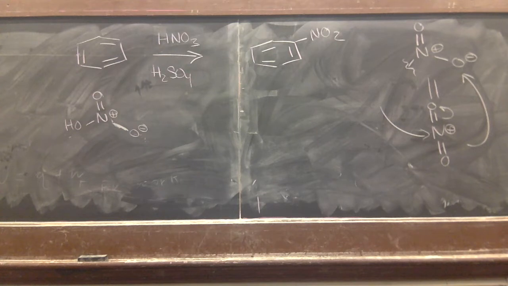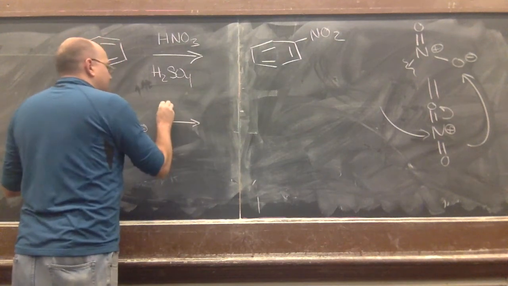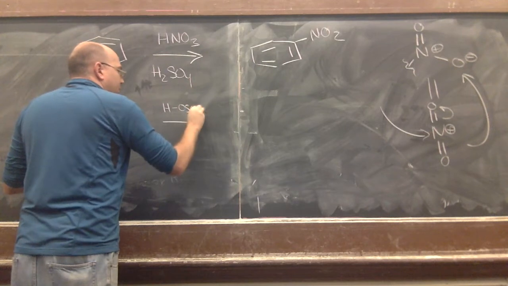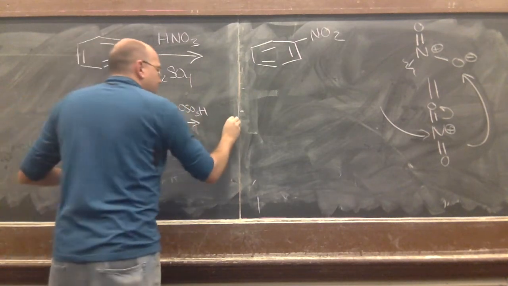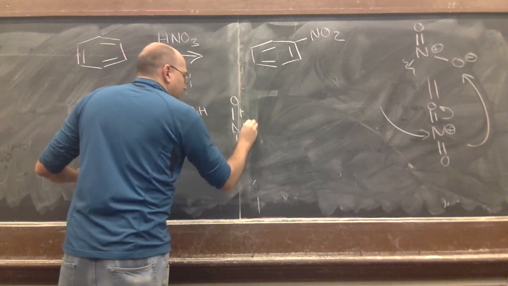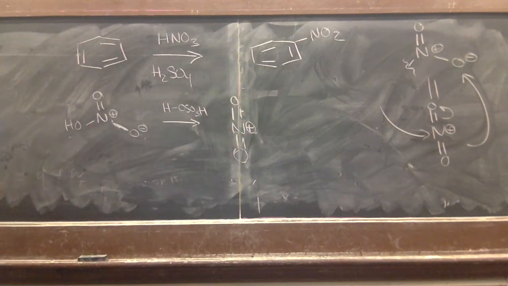So again, nitric acid is zwitterionic in nature. And the question that I have for you guys, and this is kind of a mechanism question: how might we get to something like that?